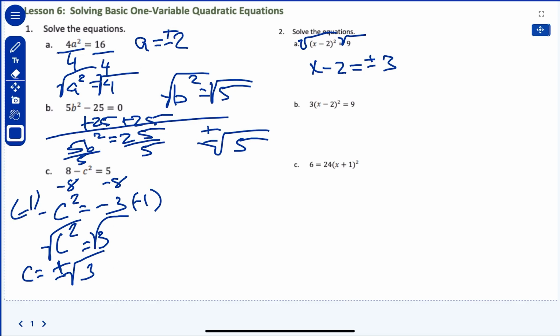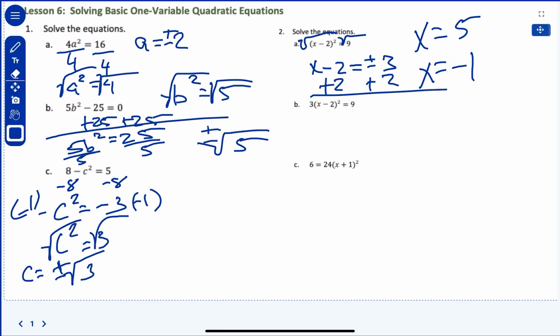Okay? You got to. Now watch. Now we can say, if we're going to move that negative 2 to the other side, what are we going to do? Add it, right? So you're going to add it to a positive 3, and you're going to add it to a negative 3. So if we add 2, that's going to give us x is equal to 5, and x is equal to negative 1. Okay?